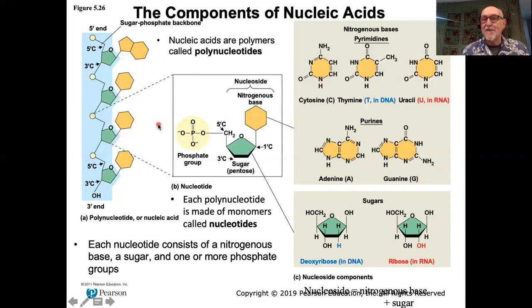And DNA achieves that by always matching cytosine to guanine, 1, 2, 3, and adenine, 1, 2, to thymine. DNA only utilizes cytosine, thymine, adenine, and guanine.